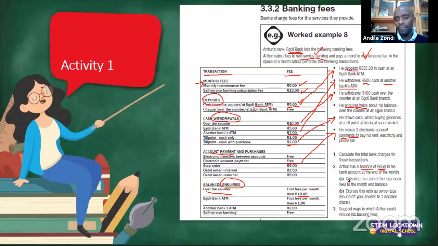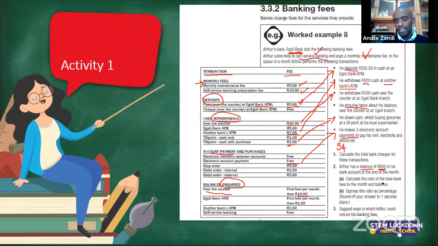Question 2A, calculate the ratio of the total bank fee to the month-end balance. If you recall, the bank fee for the month was 54 rands. So they want to know the ratio.